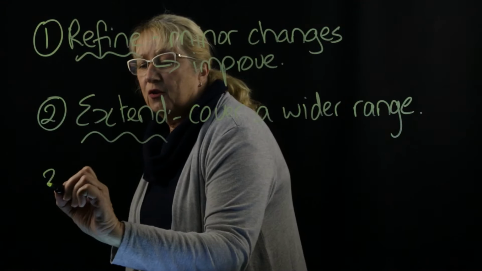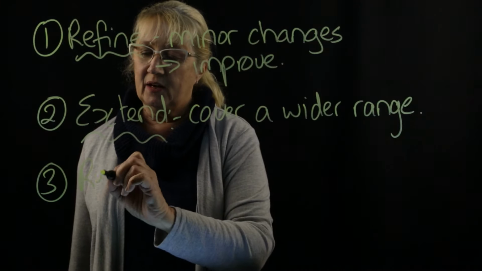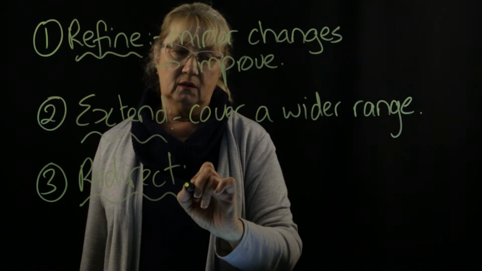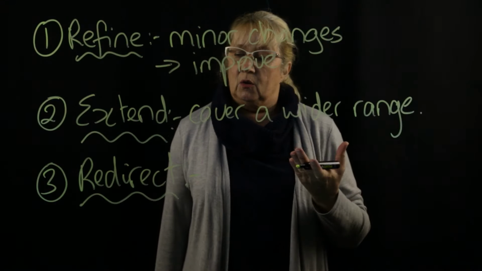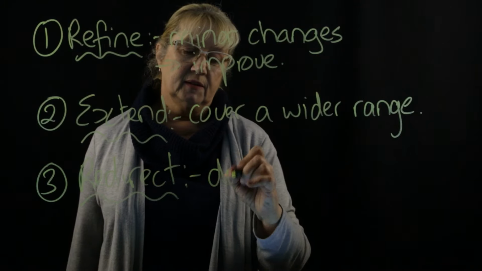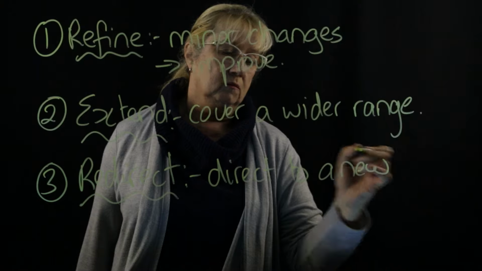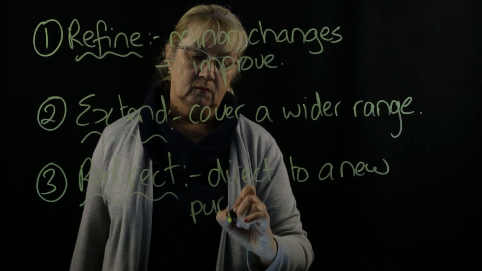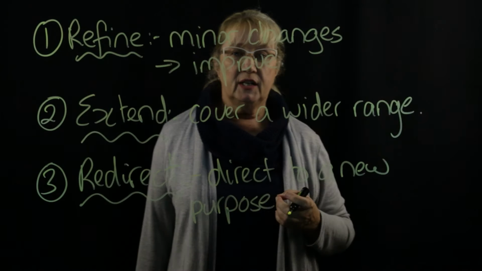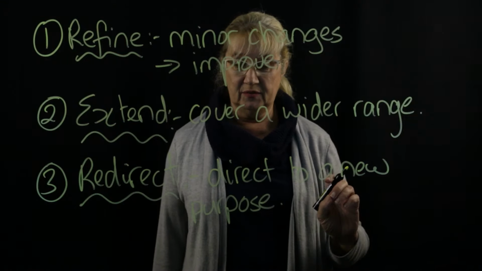The third option that you have is to redirect. Redirect means to direct to a new purpose. This usually means that you're actually going to be changing either the independent variable or the dependent variable.